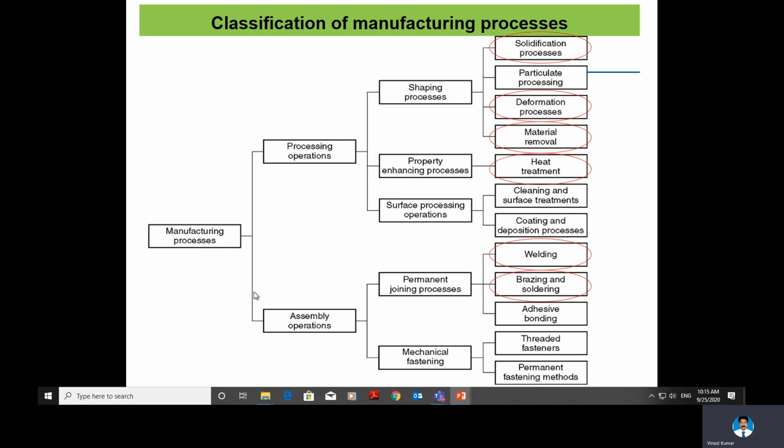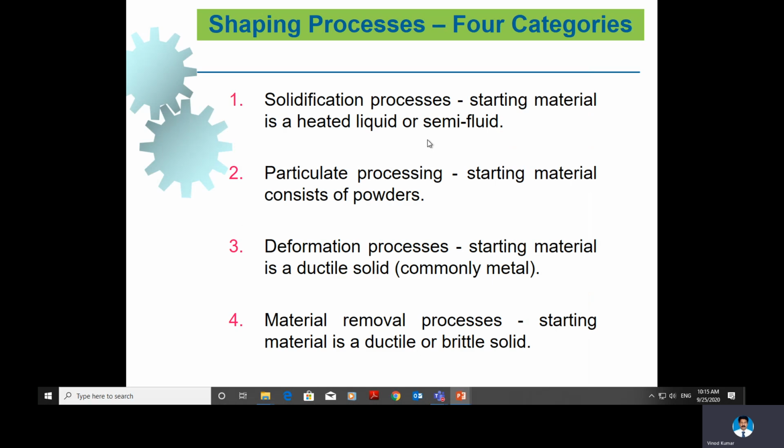We also have assembly operations, metal joining. It can be a permanent joint or a mechanical fastening. Permanent joining means welding, brazing, adhesive bonding, etc. Mechanical fastening means using nuts and bolts. These are basically the classification of manufacturing processes.